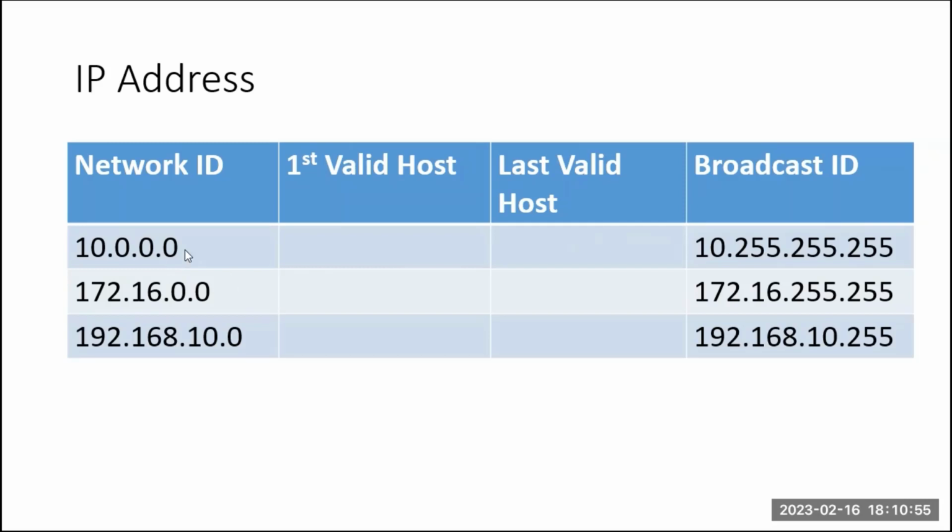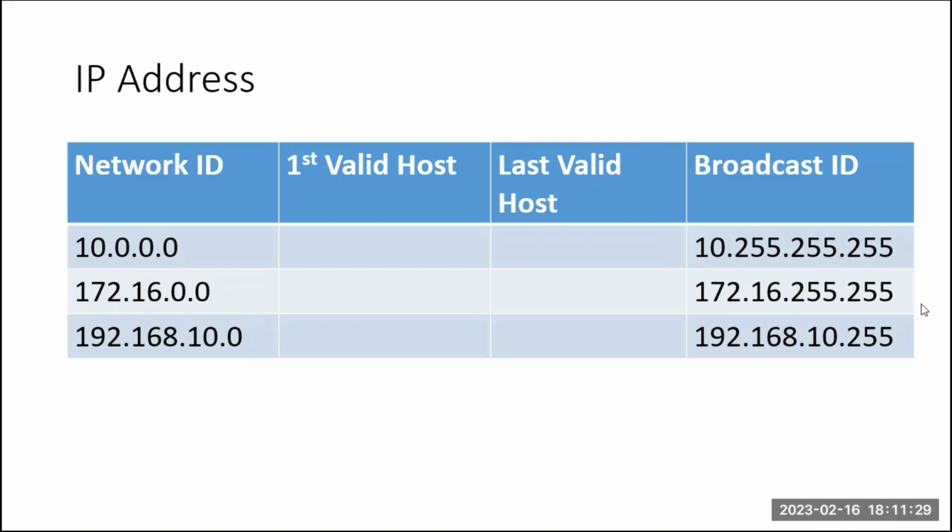If you want to send out a message to all the computers on the 10.0.0.0 network, the address that the router would use to send out a broadcast message is 10.255.255.255. For the 172.16.0.0 network, if a message is to be sent out to all the hosts or all the machines on this particular network, go ahead, Dwayne.